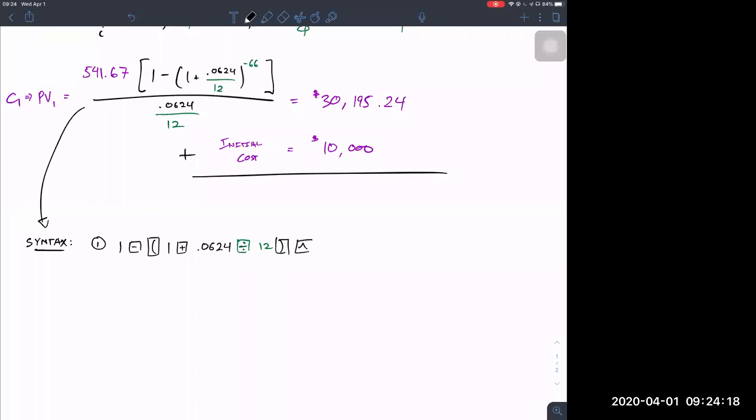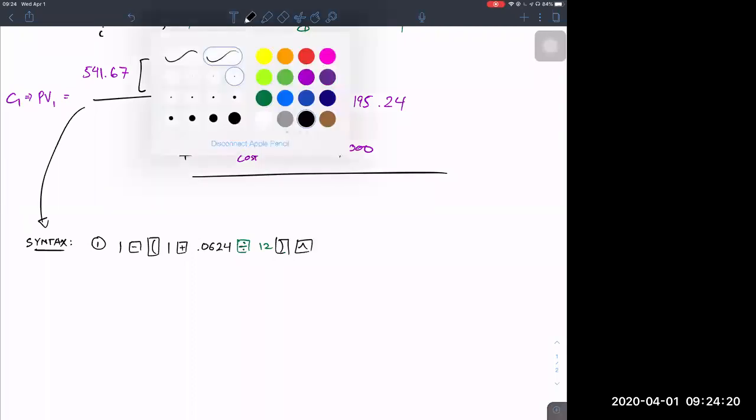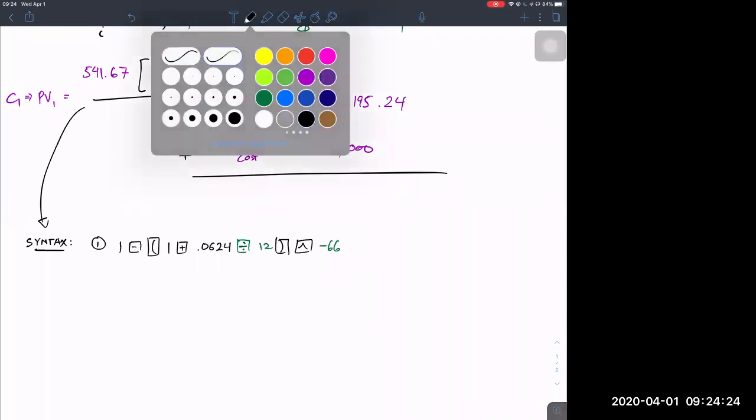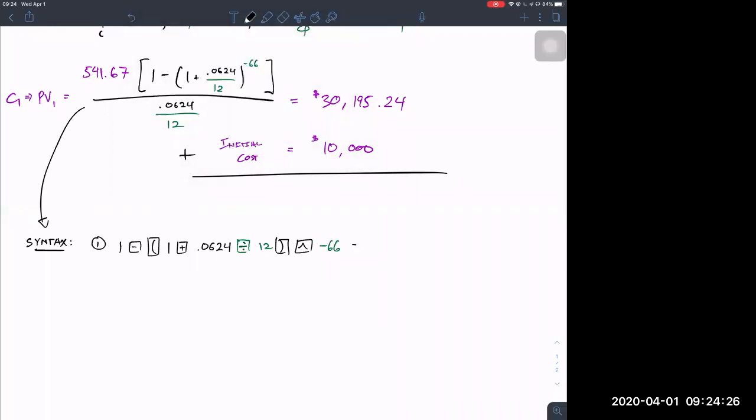So this is more so for those that have a calculator, right? So do it this way. If you do not have a calculator, I'll tell you what to do in a moment. Just also make sure, scream if I'm missing anything. 1 minus 1 plus point, negative. Yeah, there we go. That's right. 541.67, then equal sign.